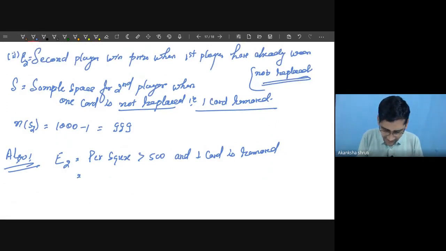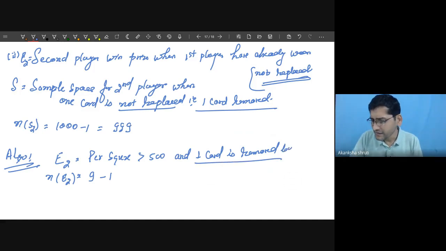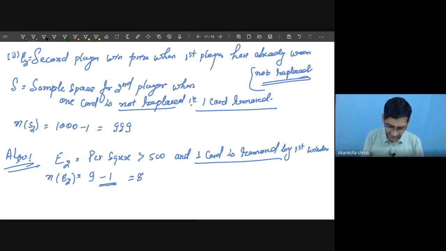It is our NE2 equals 9 minus 1, because one card is removed by the first winner, or first player. So that's why this one is subtracted. Okay, so it becomes 8.